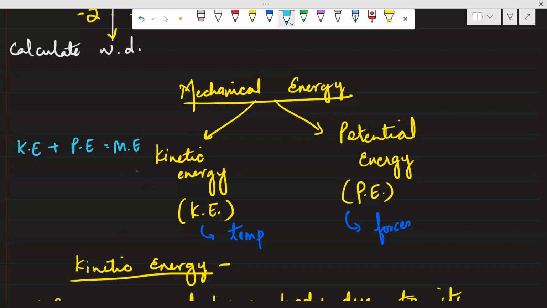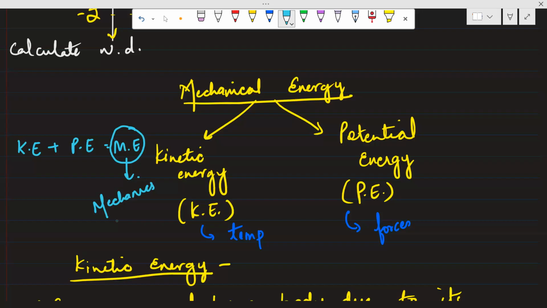So that's why, when you have both of these combined, that gives the mechanical energy. The entire mechanics branch of physics that we have studied, we are already done with. That energy which we talked about was completely mechanical energy, but we weren't mentioning it.